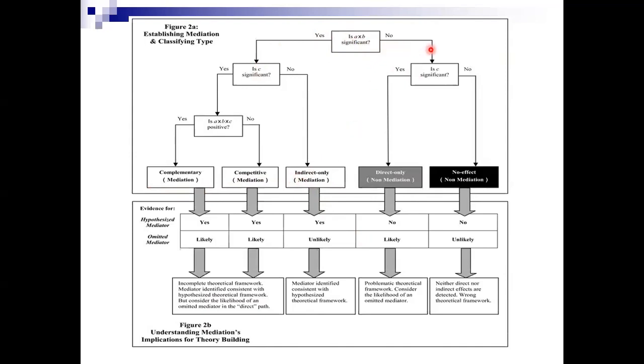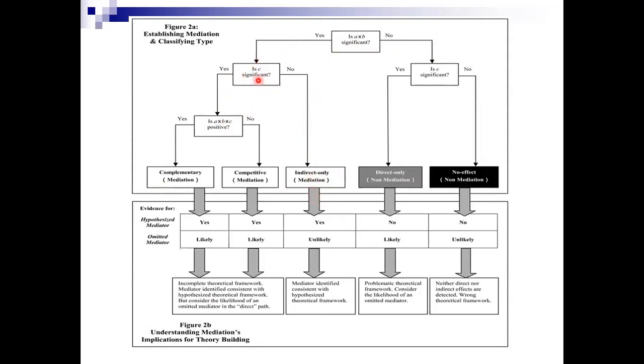If it is not, you move to the side of no, which is where you have non-mediations, okay? So if it's statistically significant, then you check, is C significant? If it is no, you conclude and say there is indirect only mediation, all right?